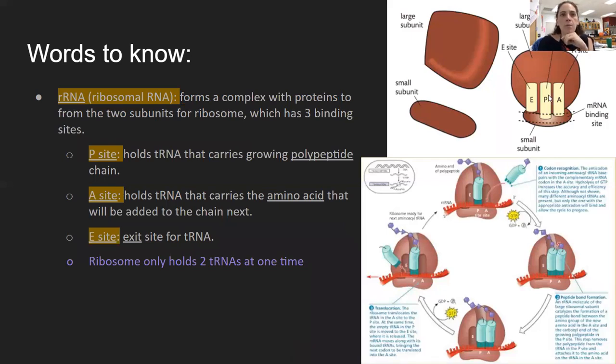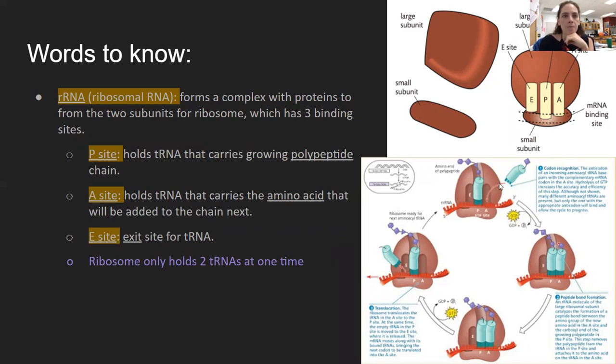Our completed ribosome will have 3 binding sites, E, P, and A. The P is the site where things start. The P holds the tRNA that carries a growing polypeptide. Here's our P with our growing polypeptide. This right here is the tRNA.